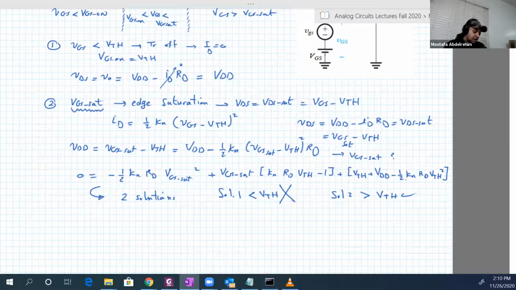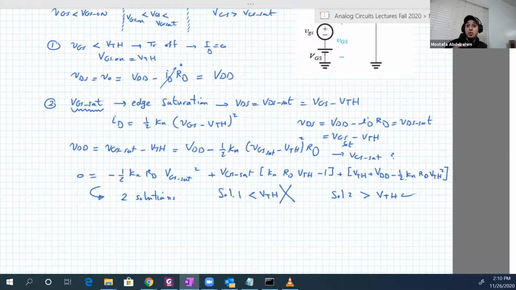If we assume that the input is increasing until some point, we are going to move from saturation to linear, and the input at that point is called VGS set. But how about the relation between VGS, or the input, and the VDS in that region?